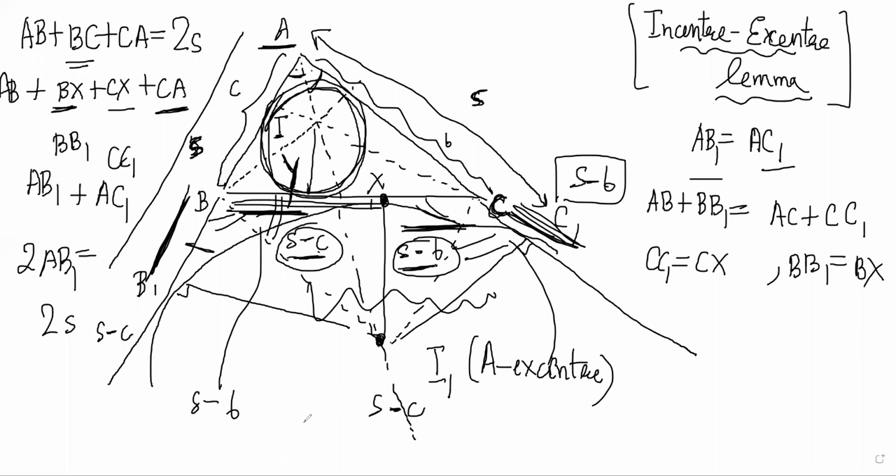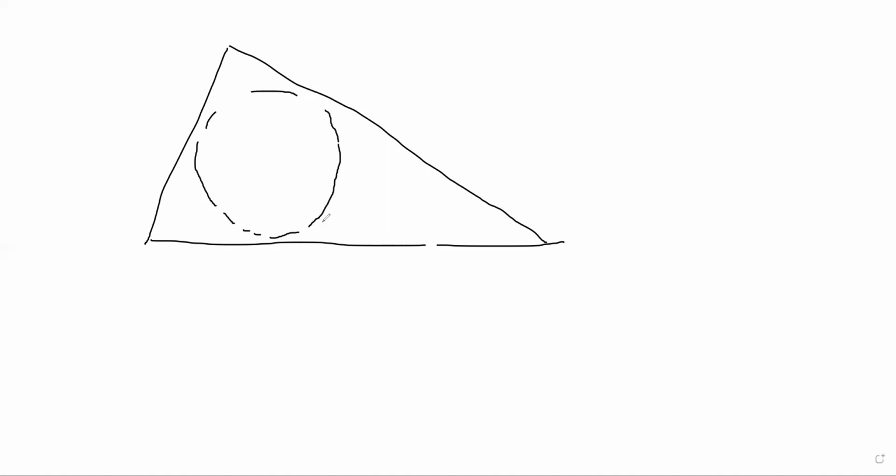So basically, in any triangle, the incircle will be touching somewhere and the excircle will be touching somewhere, right? The excircle will touch the side somewhere like this.